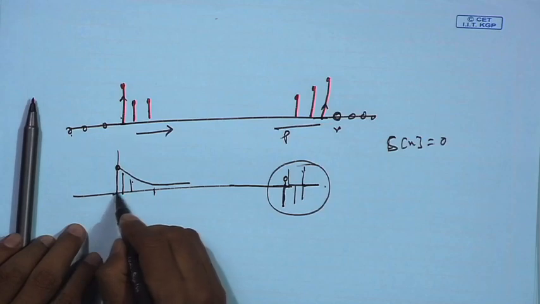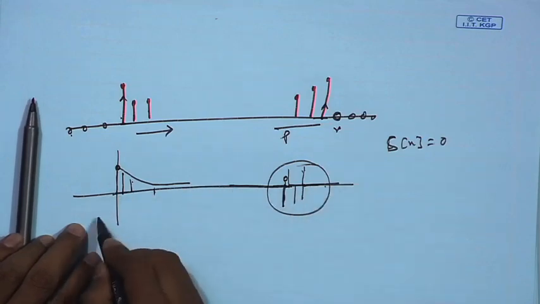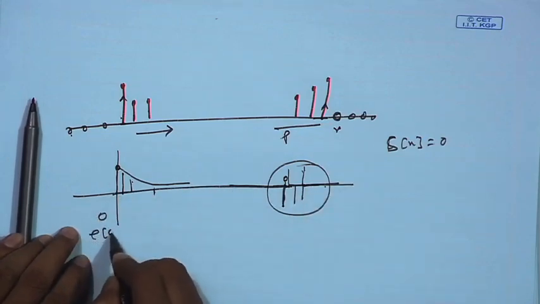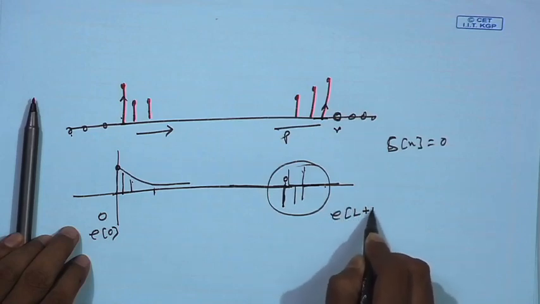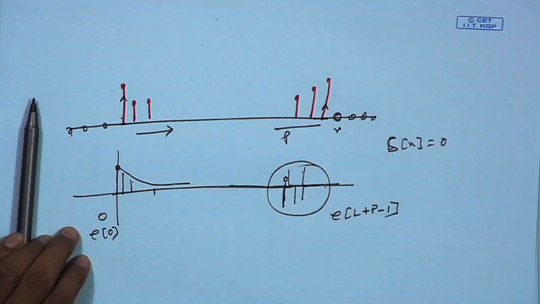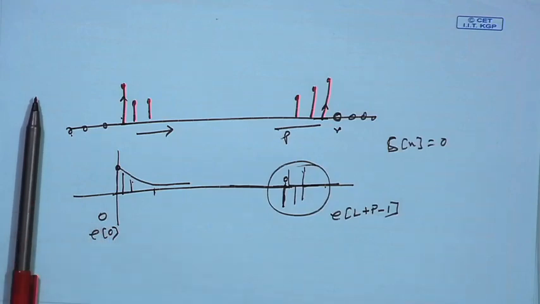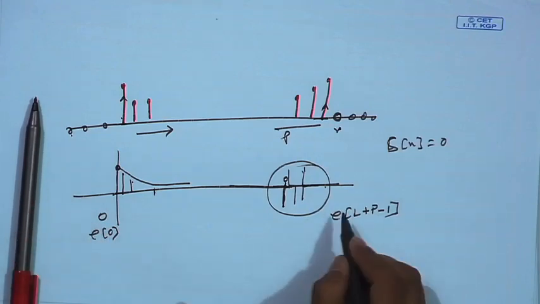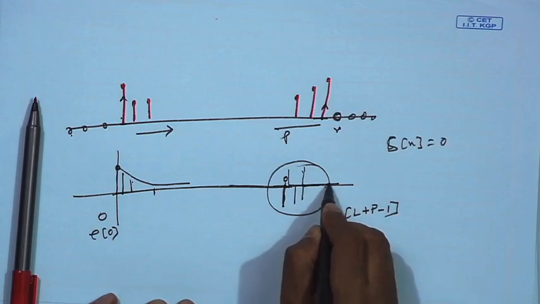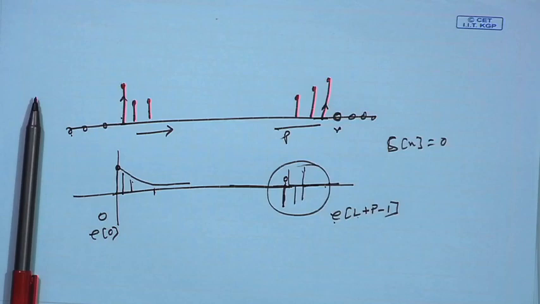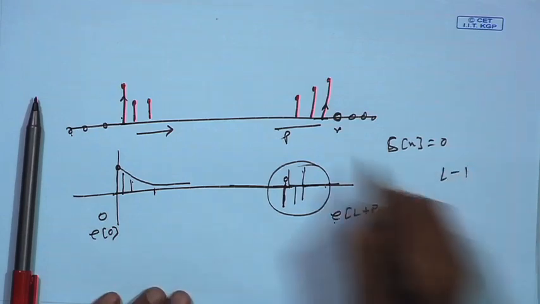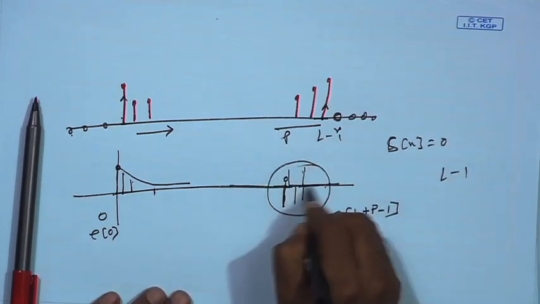So, if I see the error plot, it starts from E 0, and I get E L plus P minus 1, because I have to go P samples this side also. So, my error length is L plus P minus 1, because L minus 1 is this sample, and the P order will be added here.